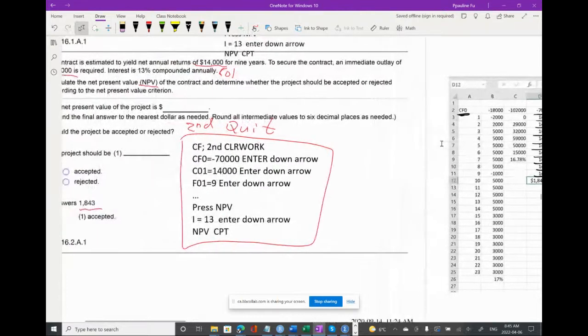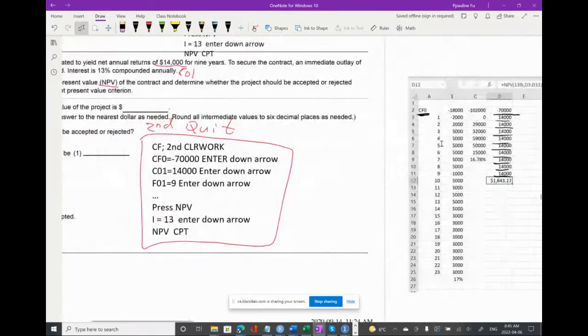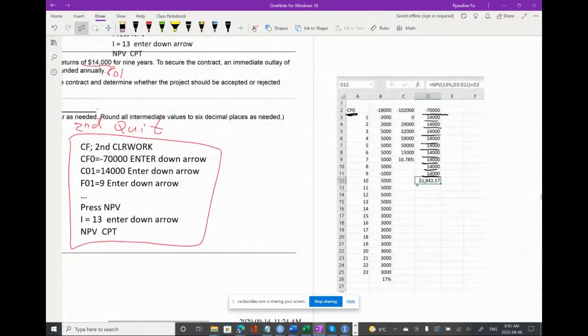Okay. So you type in all these numbers in Excel, and then in this cell you type in this formula: NPV, type in the range, and select the range from D3 to D11. Here, D3 to D11.